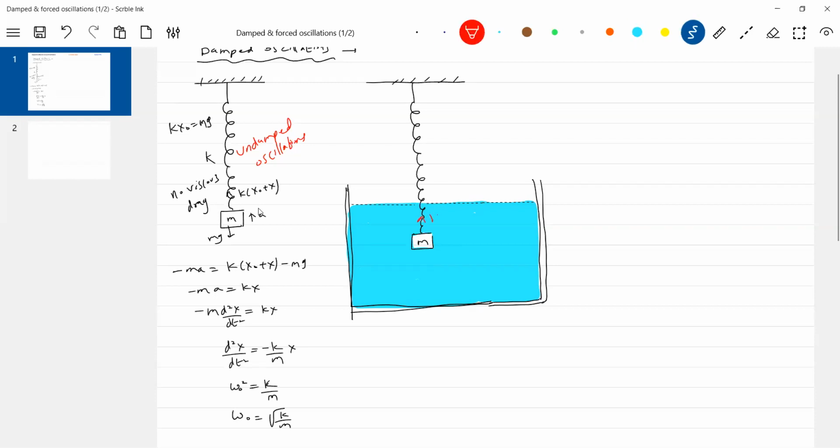kx naught, mg, and there's a buoyant force. Will you agree with this? So initially, what is the elongation of the spring? Let it be x naught. Now I'm going to further stretch this.